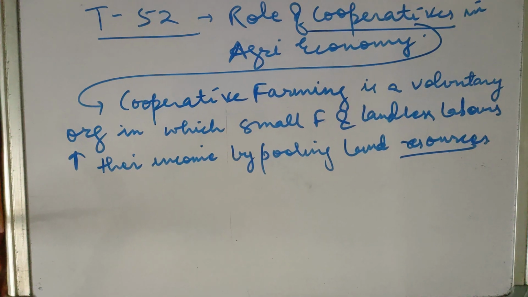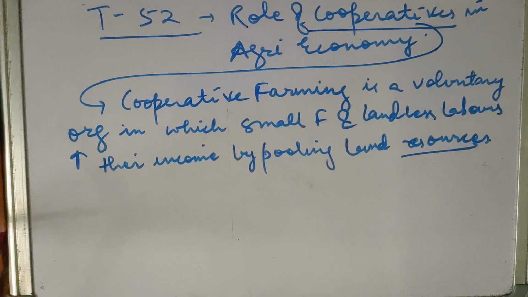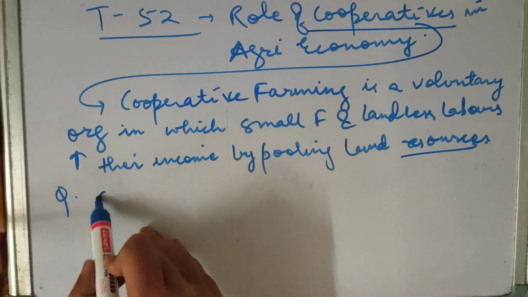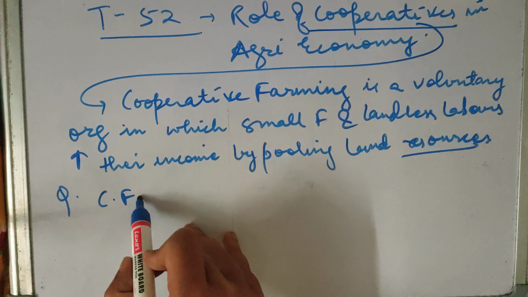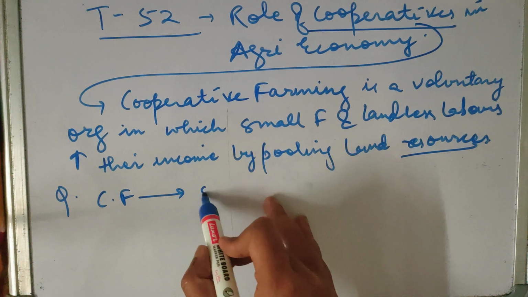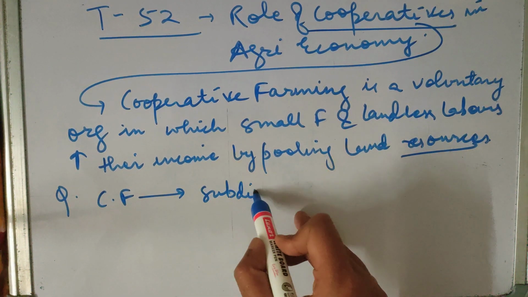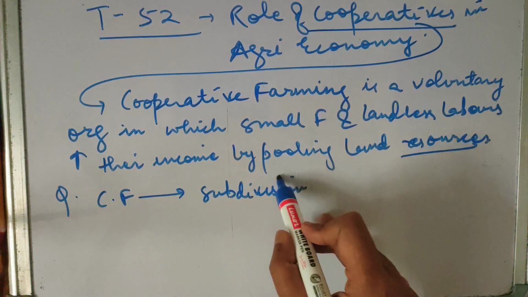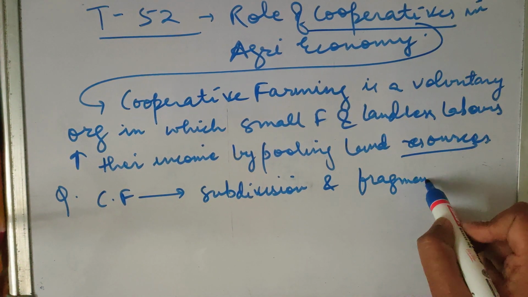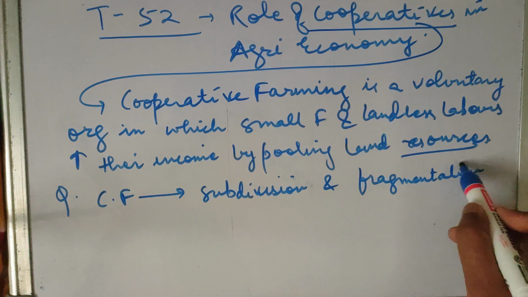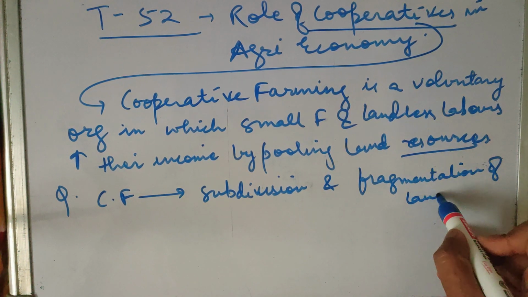Now, one question was asked in previous year: cooperative farming in context of subdivision and fragmentation of land holdings.